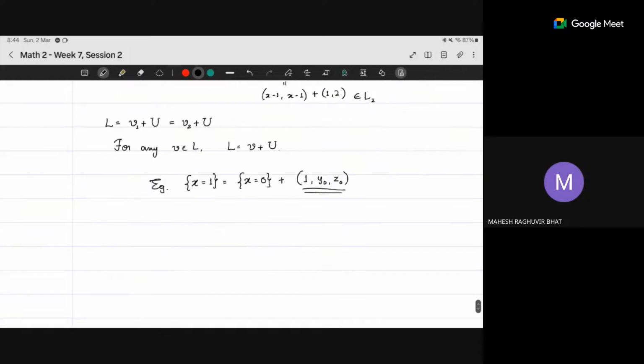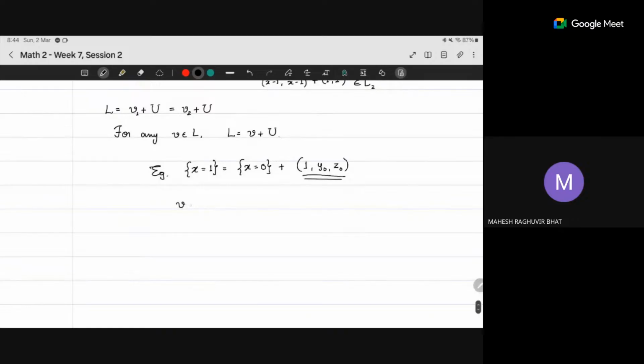So, if you can write the same element as say v1 plus some u1 and v2 plus some u2, your v1 minus v2 has to be equal to u2 minus u1, and this is in U. So the difference between any two elements that are permitted for the representation of the affine subspaces has to be in the corresponding vector subspace.